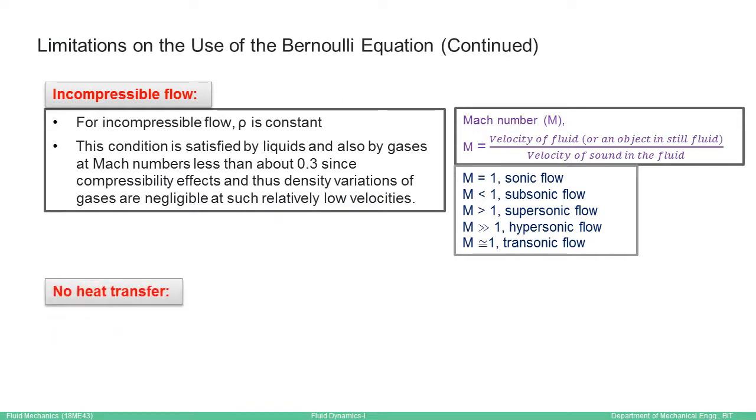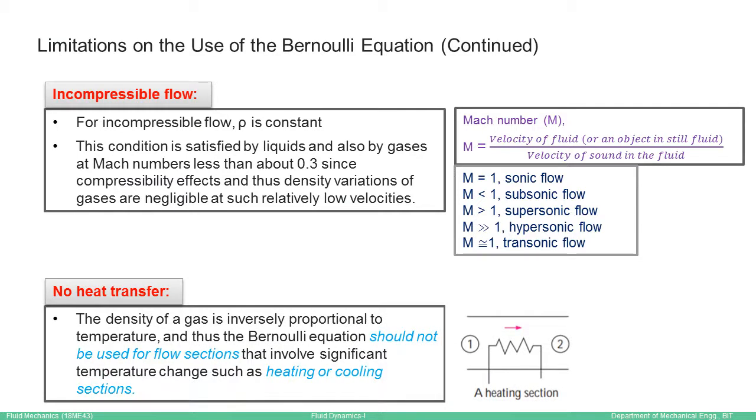And remember, Bernoulli's equation can be applied only to such cases. Consider a pipe flow from point 1 to 2, between which there is a heating section. Heat transfer is being added to the system. In such cases, Bernoulli's equation cannot be applied.